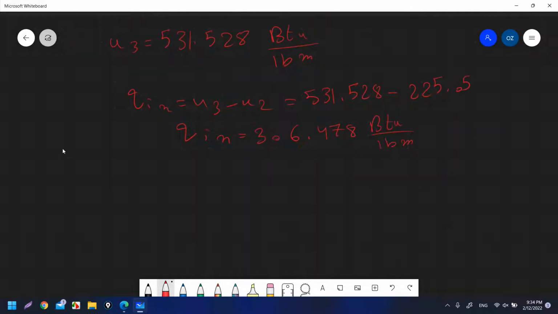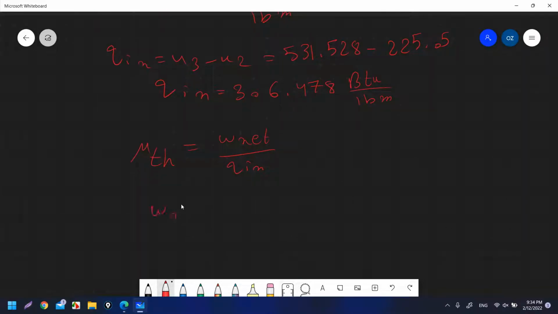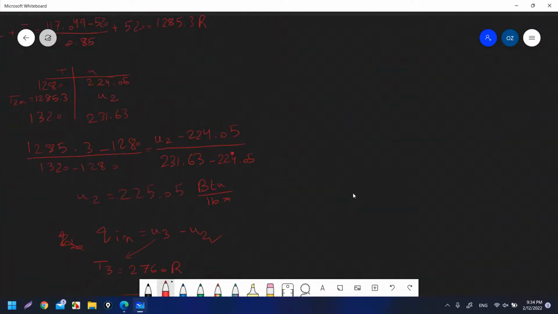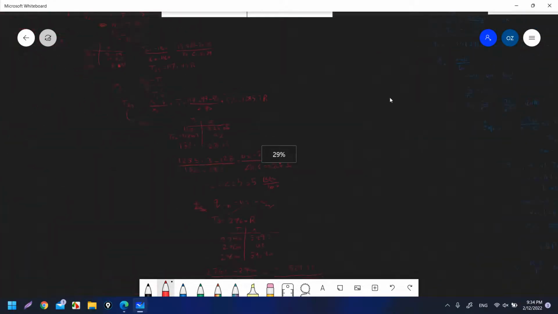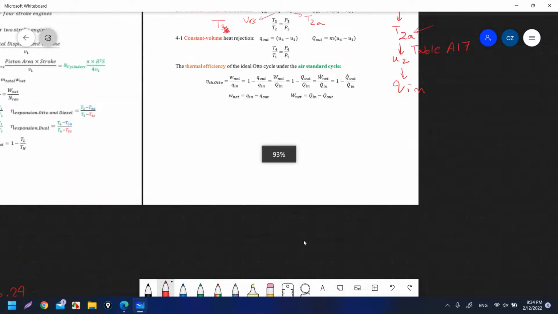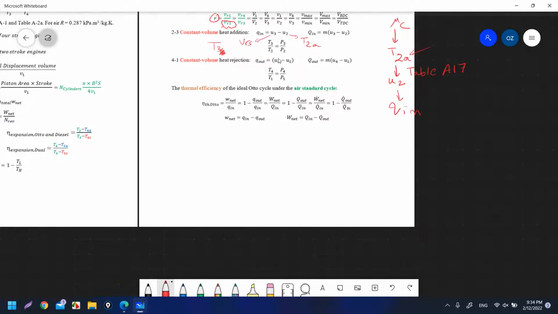And then the thermal efficiency, the second requirement, is equal to W net over Qn. W net is already Qn minus Q out, but I don't have Q out. I got Qn, but I don't have Q out. The equation for Q out is U4 minus U1. Q out is U4 minus U1.